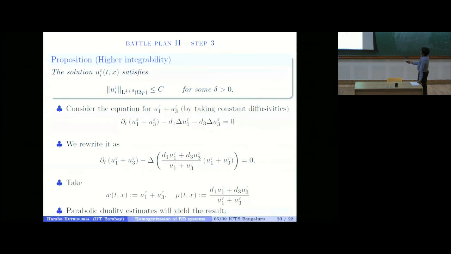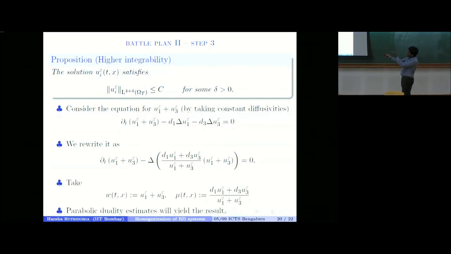So by parabolic duality estimate, you can get whatever LP. You need not stop at L4 plus delta. You can keep going up to infinity, not including infinity. This is the usual thing people do when showing existence results for these problems, because that's how, by showing uniform boundedness in L infinity, you get global in time existence for these equations.